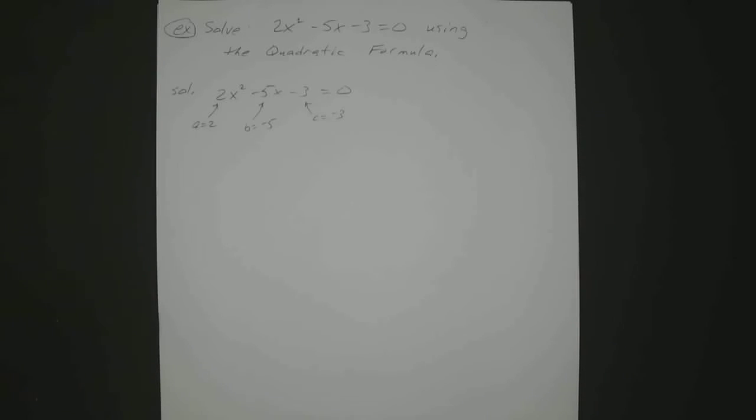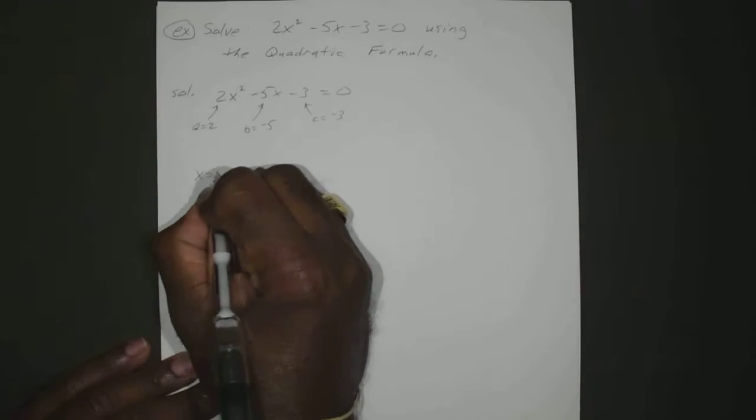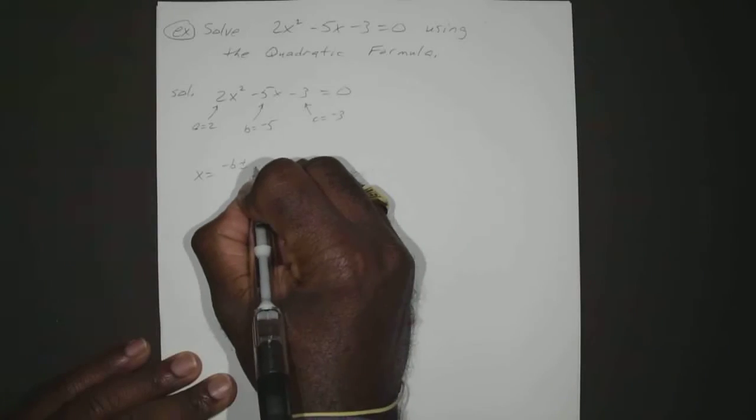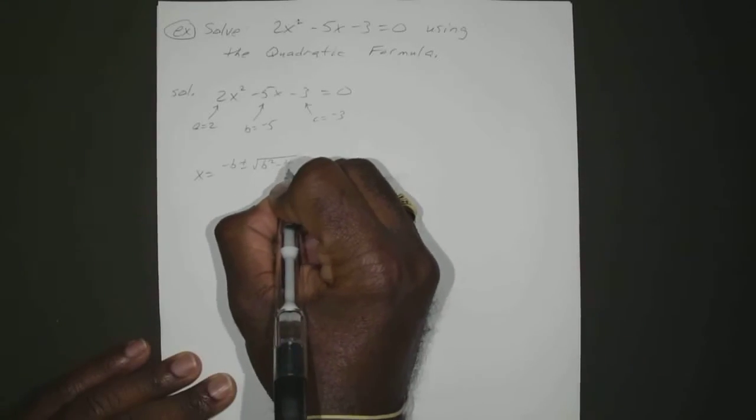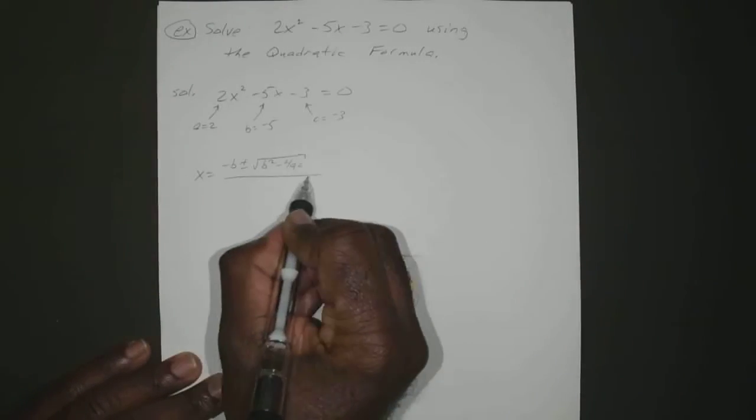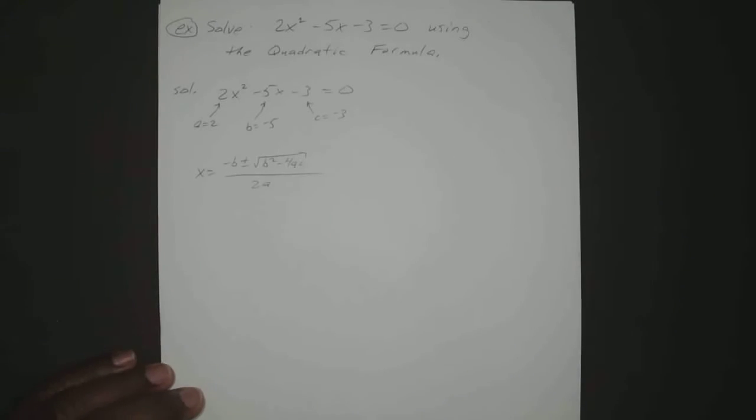Okay, so if we use the quadratic formula, x equals negative b plus or minus the square root of b squared minus 4ac all over 2a.